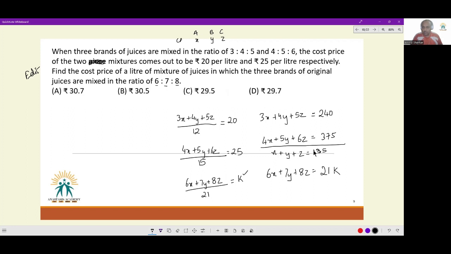That is the case, so I can go back to the first expression and break it down as 3x plus 3y plus 3z plus y plus 2z is equal to 240. This portion should be 3 into 135, which is 405. 405 plus y plus 2z equal to 240.